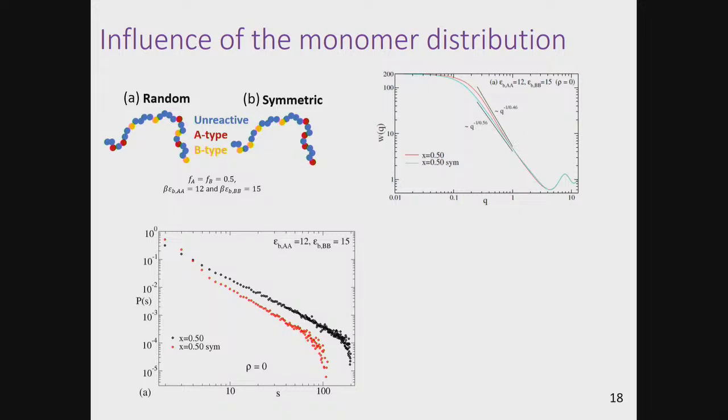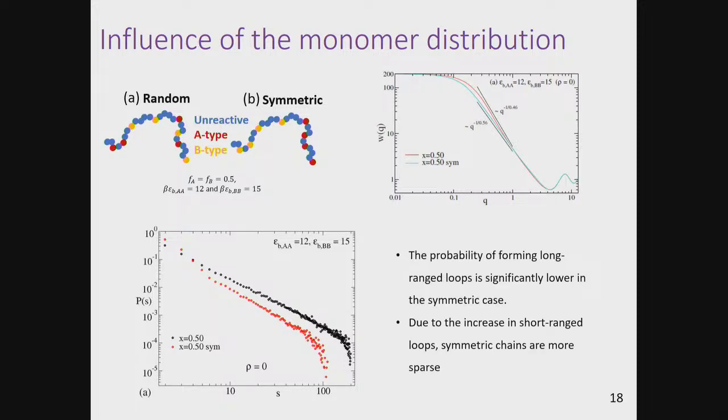At higher contour distances, you see in the symmetric case the probability is less. Because of that, the structures form extended conformations in the symmetric case. So this is the summary coming from this part: simply by tuning the arrangement of the reactive monomers, we can achieve different conformations.